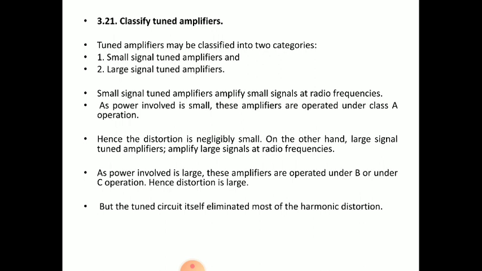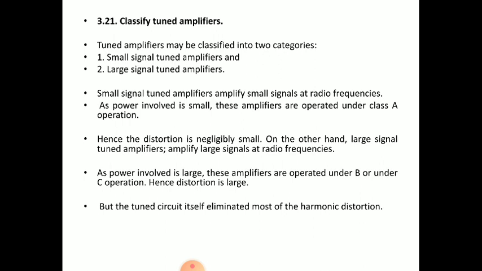For small signal tuned amplifiers, we should use class A operation, because if you use high power signals, power dissipation is more in class A, power is wasted, and the efficiency is maximum 25% for resistive load. So the circuit may get damaged if you use a high power signal, that is a large signal, as input.